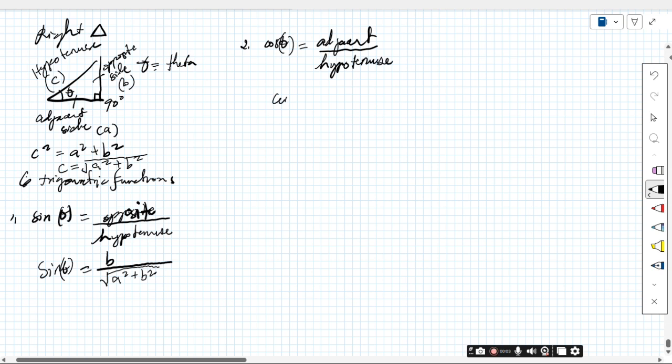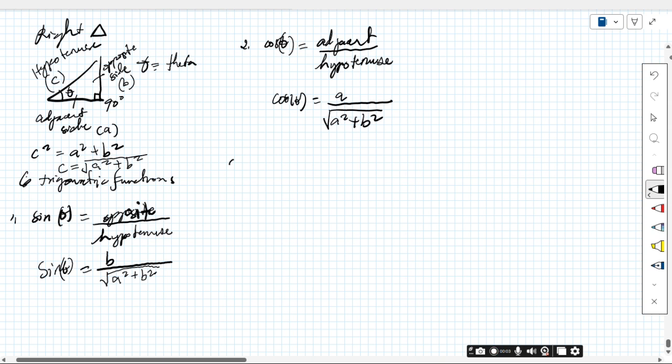As we have defined before, our adjacent side is A, and the hypotenuse is the square root of A squared plus B squared. So that's how we define our cosine function.